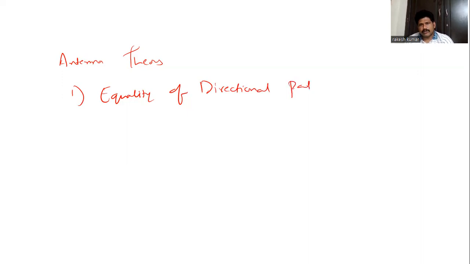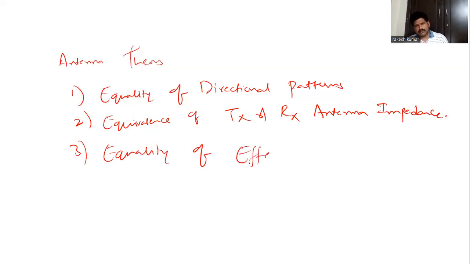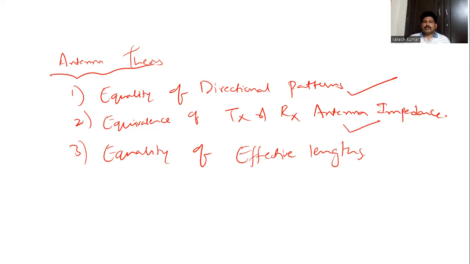The second one is equality of transmitting and receiving antenna impedance. And the third one is equality of effectiveness. So these are the theorems.